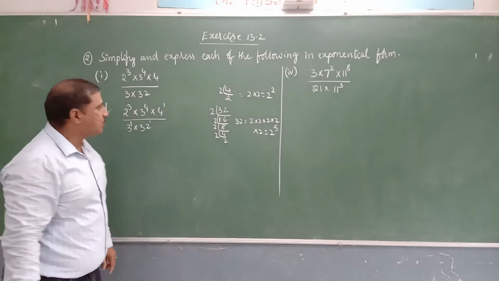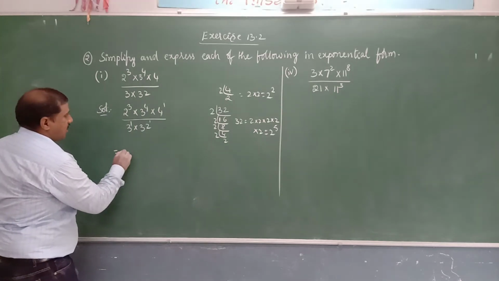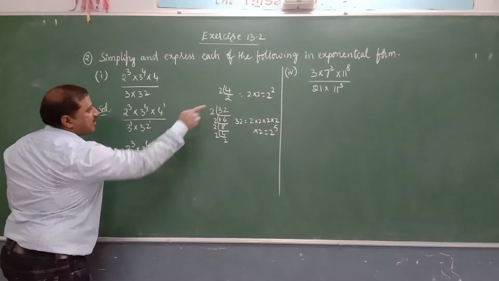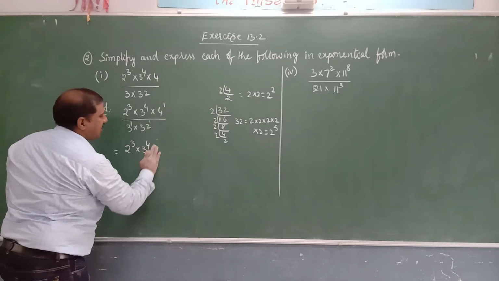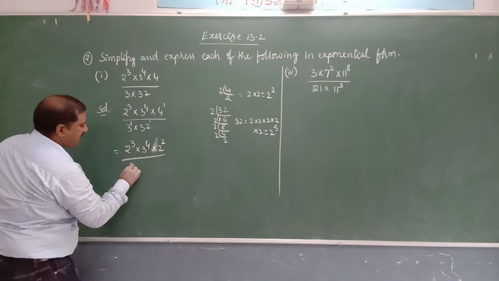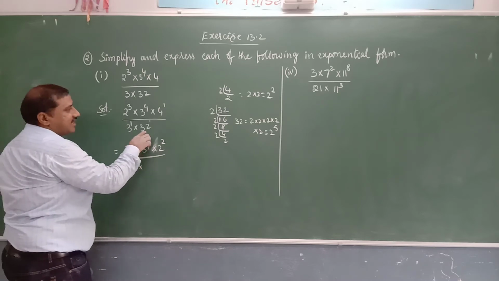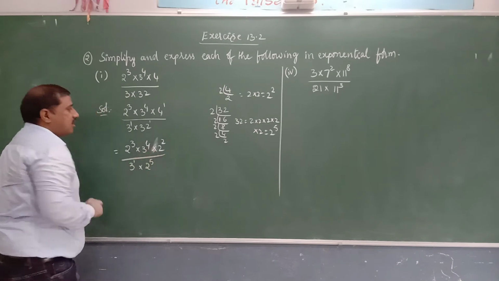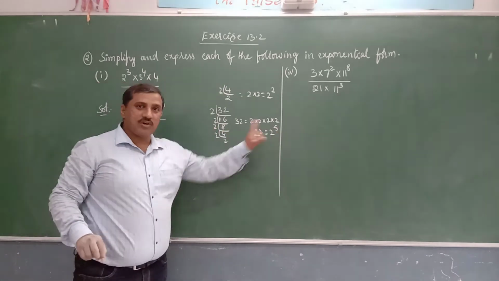That equals 2 cube into 3 to the power of 4, where 4 is written as 2 square, divided by 3 to the power of 1 into 32, which can be written as 2 to the power of 5.